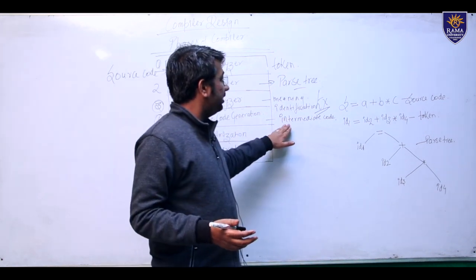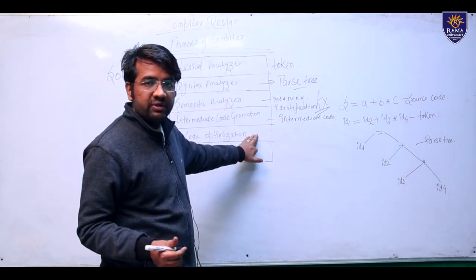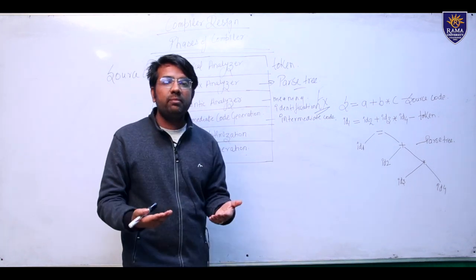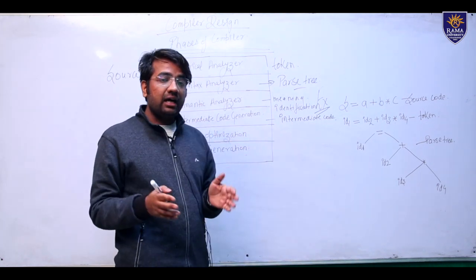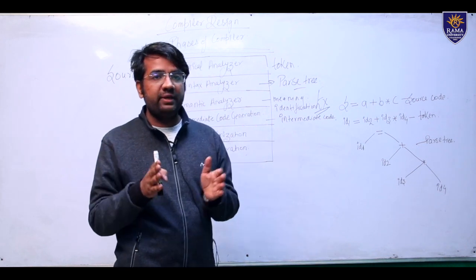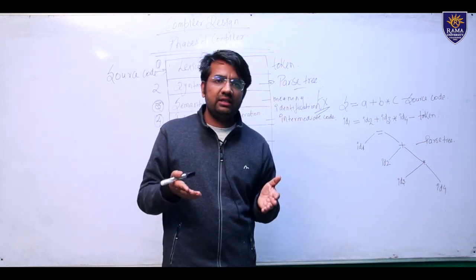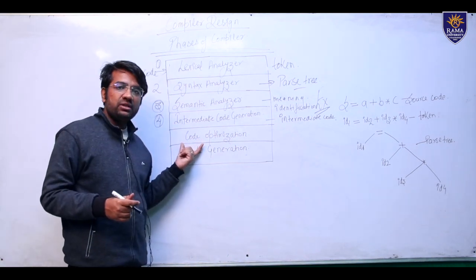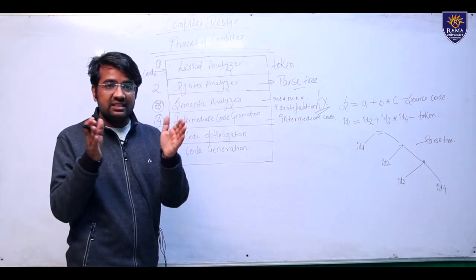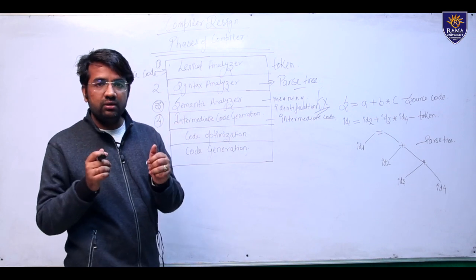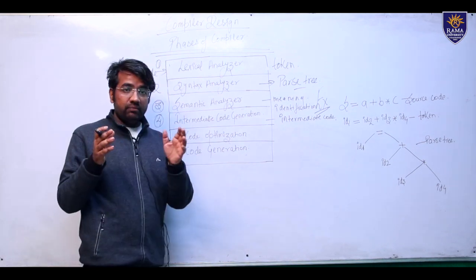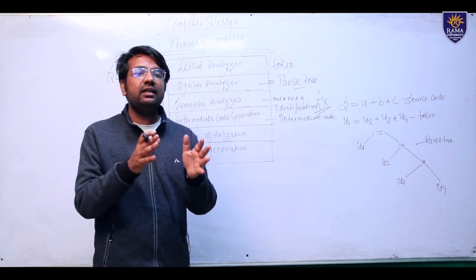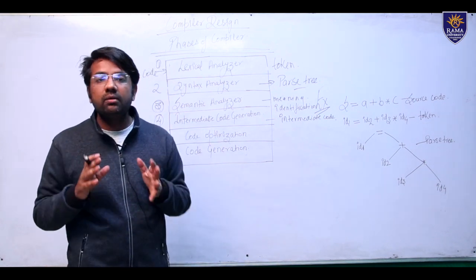Now the intermediate code comes into the code optimization phase. In the code optimization phase, the data or the source code is optimized. Why are we doing this? The main objective of the code optimization phase is to minimize the size of our source code and maintain the space and time complexity of the particular program.